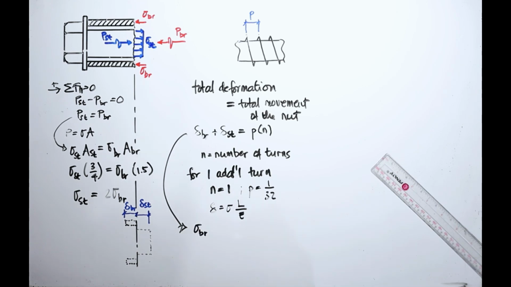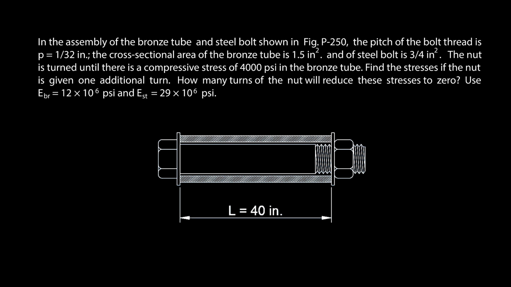Stress in the bronze times its length. By the way, the length is given to be 40 inches for both the tube and the bolt.